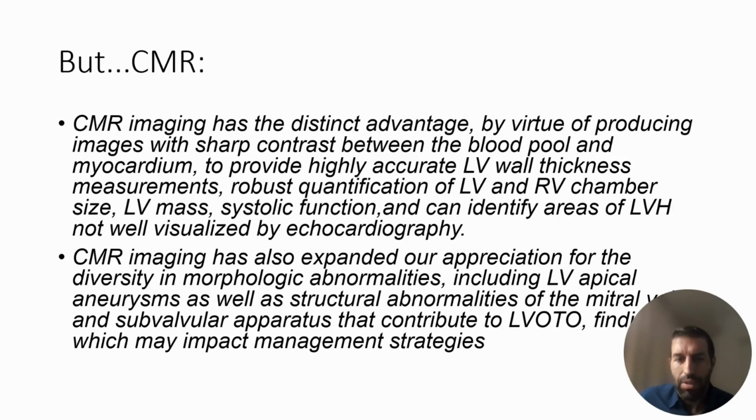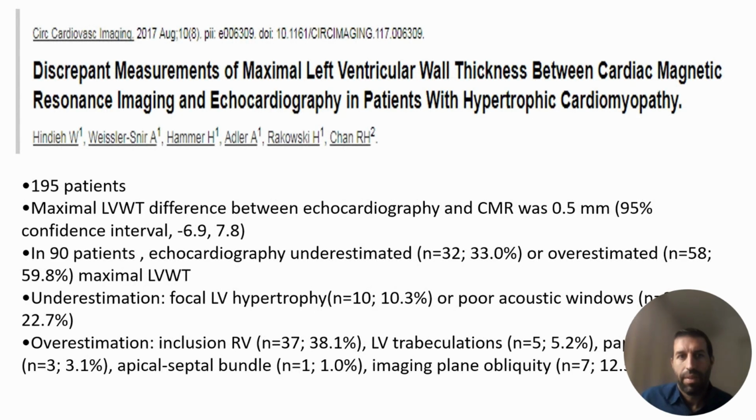CMR imaging has also expanded our appreciation for the diversity in morphologic abnormalities, including LV apical aneurysm, as well as structural abnormalities of the mitral valve and subvalvular apparatus that contribute to LVOT obstruction, findings which may impact management strategies. Apparently, CMR can clarify clinical hypertrophic cardiomyopathy diagnosis when LV wall thickness measurements remain ambiguous by echocardiography, as well as provide a precise assessment of wall thickness measurement.